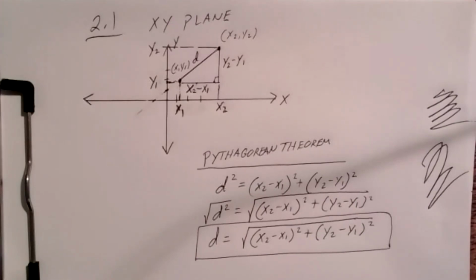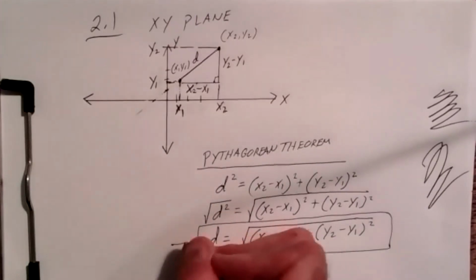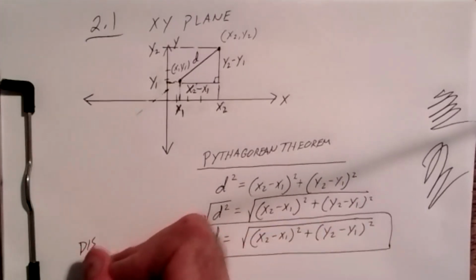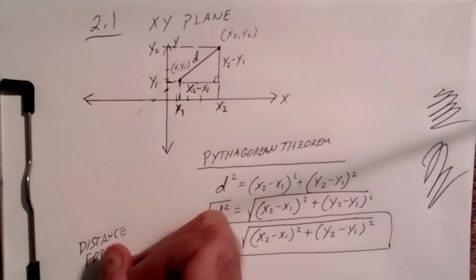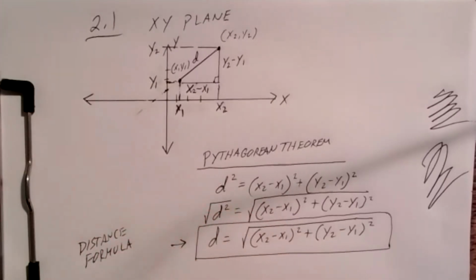So given 2 unique points, we can compute the distance between them by using our distance formula. That's what this is called here. So I want you to be familiar with this formula. All right. Any questions with how we got that there?